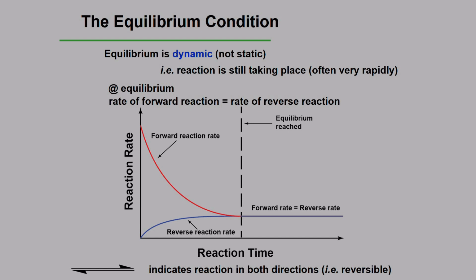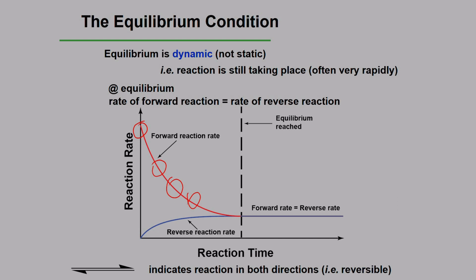So when the concentration of the reactants is rather high, we'd expect the rate of reaction of the forward reaction to be fairly high. And that rate of reaction of this forward reaction is going to decrease with time as the reaction proceeds.